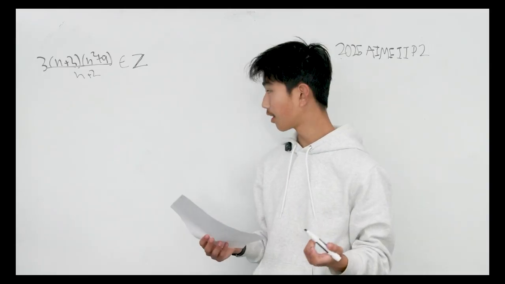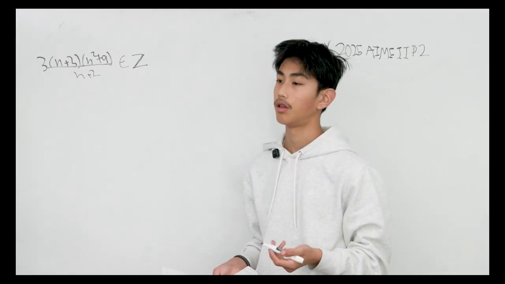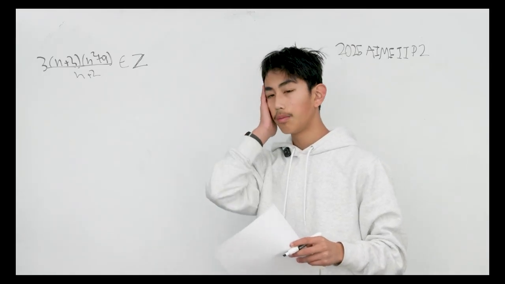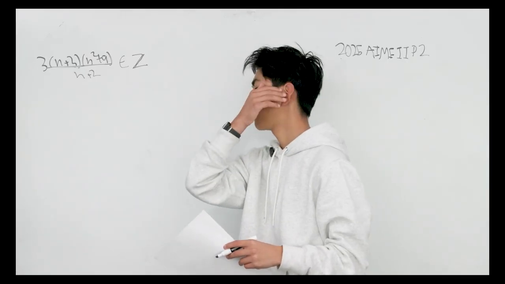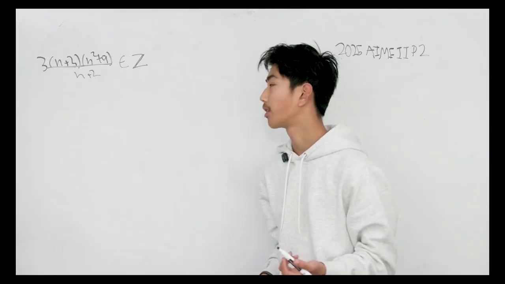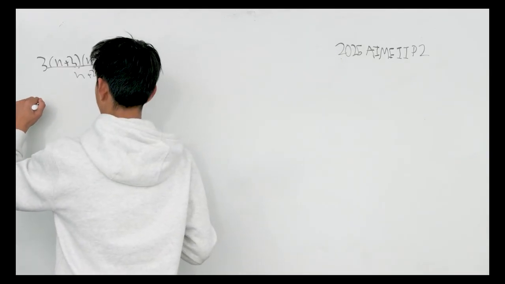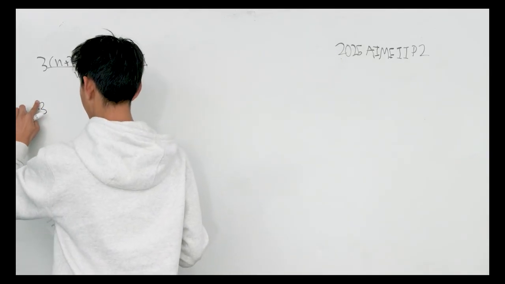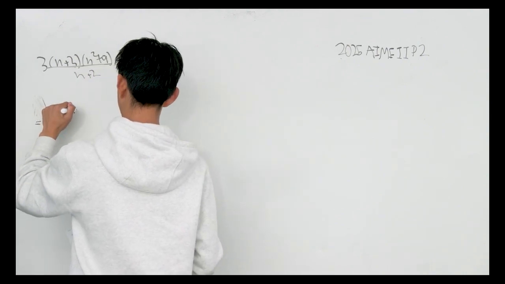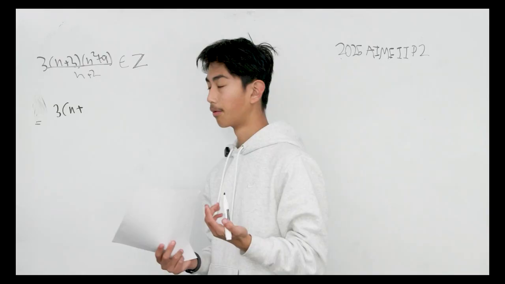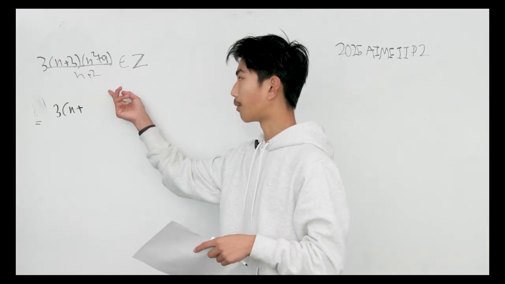So the first step we can do is a pretty interesting one nonetheless, because it requires some amount of insight, because this is not something you typically do. This becomes 3n plus 3 times n squared plus 9, over n plus 2. We know that we have an n plus 2 here, right?